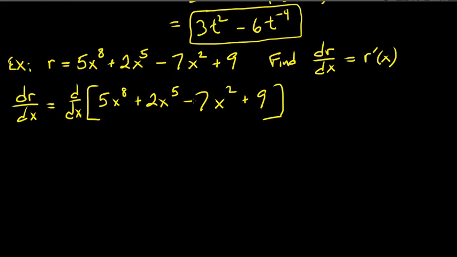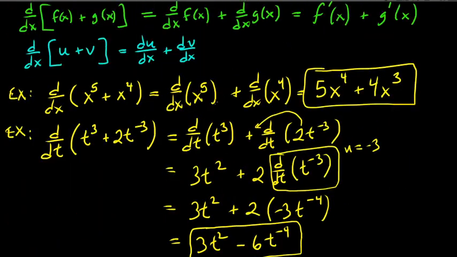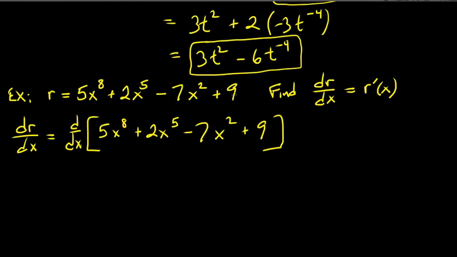Now, before we do this, I should tell you that I'm going to go through this step by step. Because we're still getting used to these rules here. However, at some point, you should be able to do this all at once, right? I mean, at some point this should be so easy that you can just write down the answer.